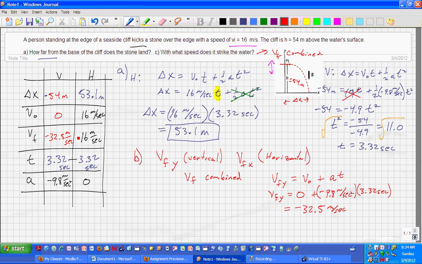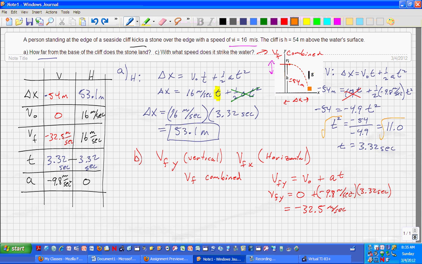So what's going on here is, let me draw a picture of this. Actually, I can put it up here. The stone gets kicked and it's following this path here, and right here is where we're looking for the final velocity, the final velocity at that spot.